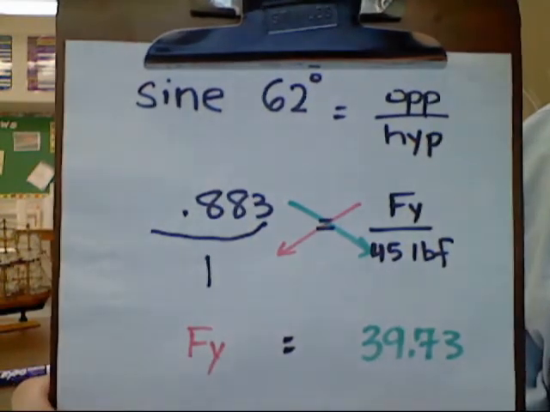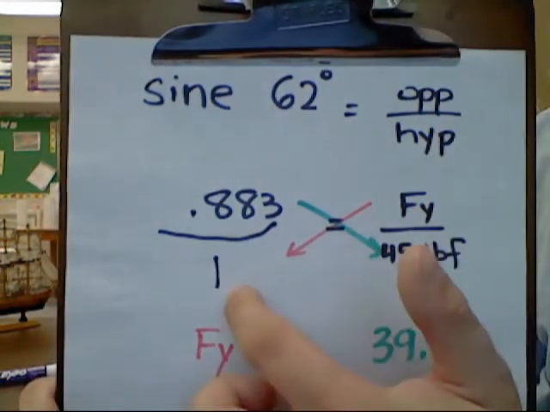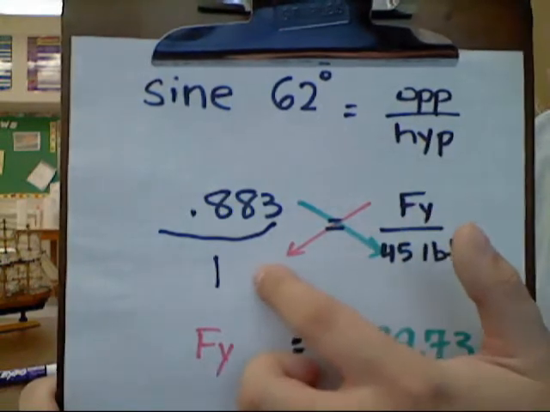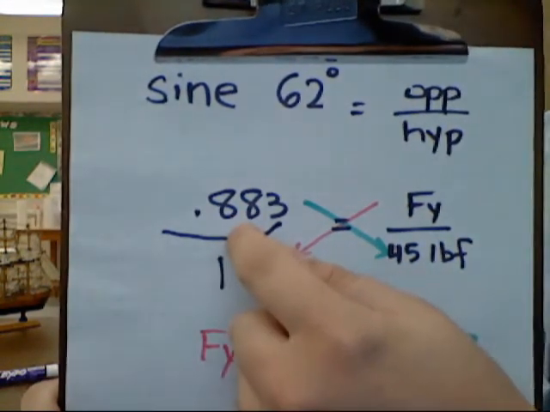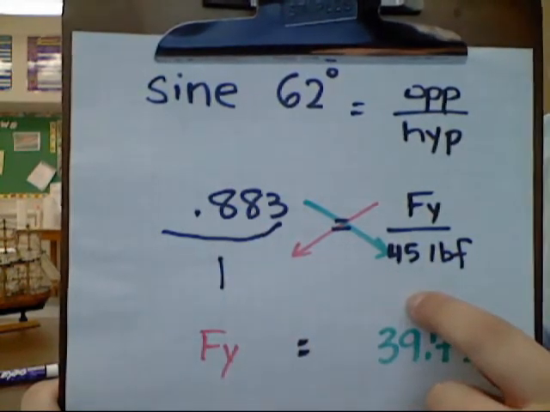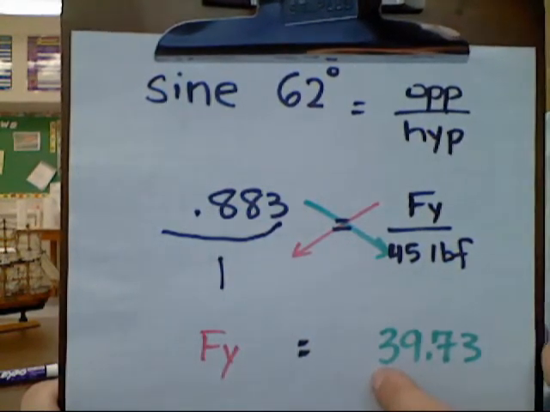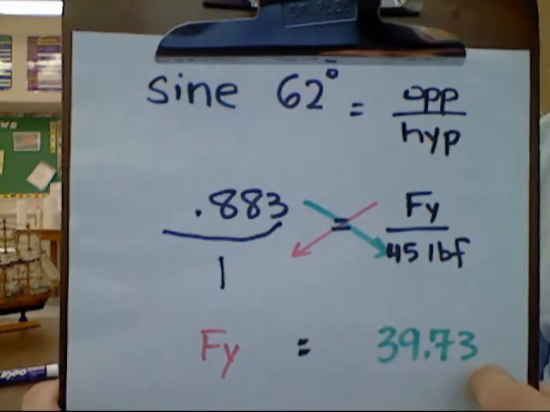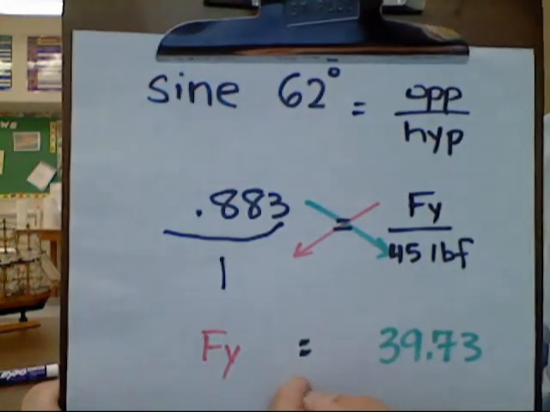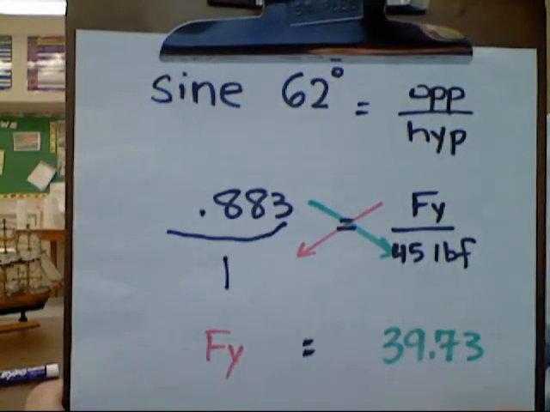In particular, I cross multiply the Fy times the 1, following the red arrow, and that comes up with just Fy. I multiply 0.883 times 45 pounds force, following the green arrow, and 0.883 times 45 is about 39.73. And I bring down my equals sign. So I have right now Fy equals 39.73.